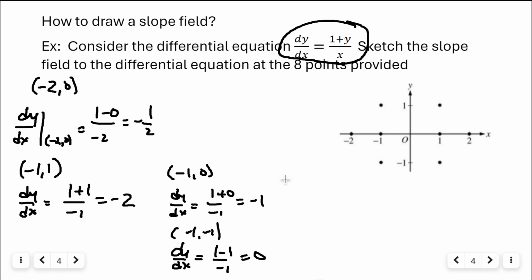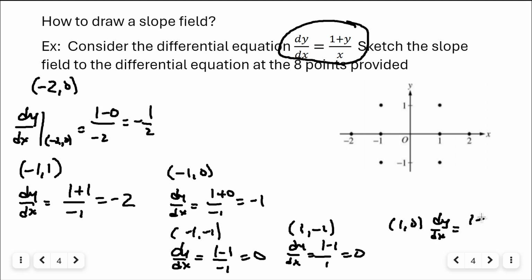Let's come over here. That's those 4. 1, 2, 3, 4 points so far. Let's go to these 4 on the side. Let's try (1, -1). Again, we're not picking random points. We're picking the points that are literally on this coordinate plane that they're telling us to use. And that tends to be the way they make you do it. So this is 1 minus 1 over 1, so that's 0. At (1, 0), dy/dx would be 1 plus 0 over 1, which is 1.